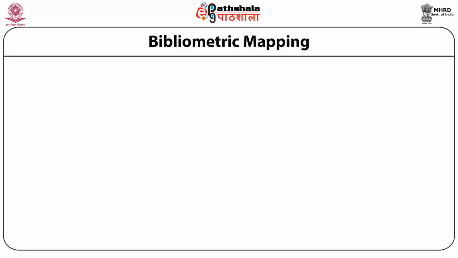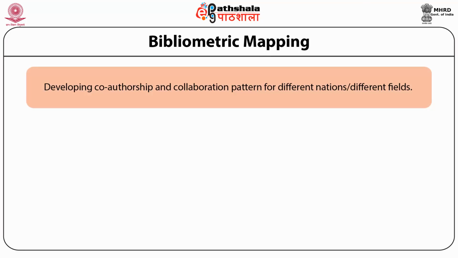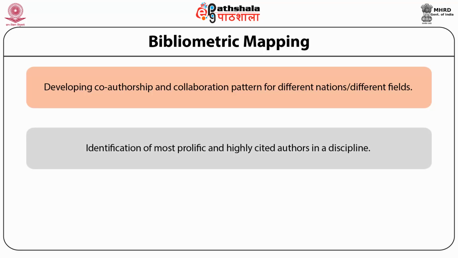Bibliometric mapping can be used for developing co-authorship and collaboration patterns for different nations as well as for different fields or for different institutions, etc. It can be used for identification of the most prolific authors who contribute heavily in a field and also highly cited authors in a discipline.